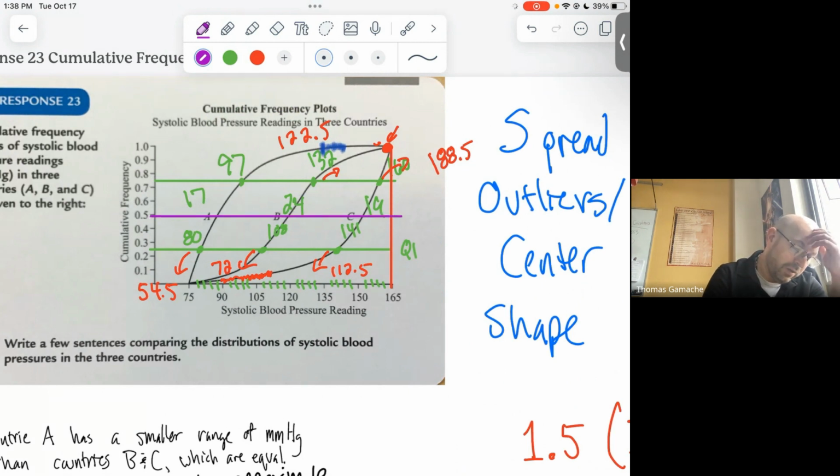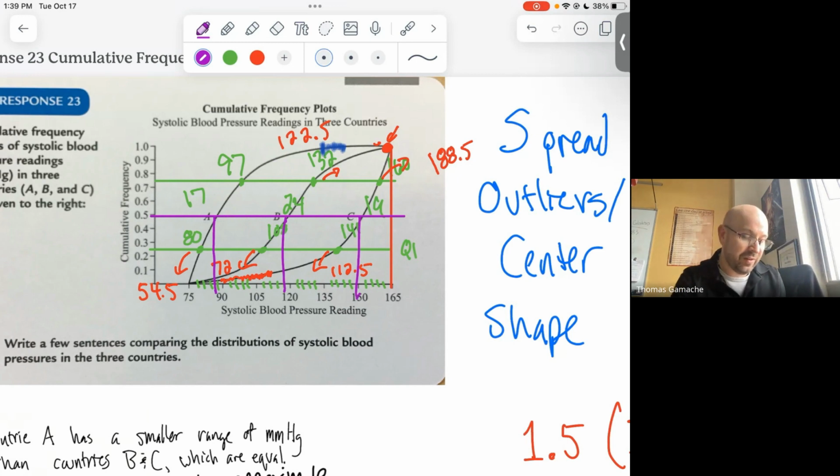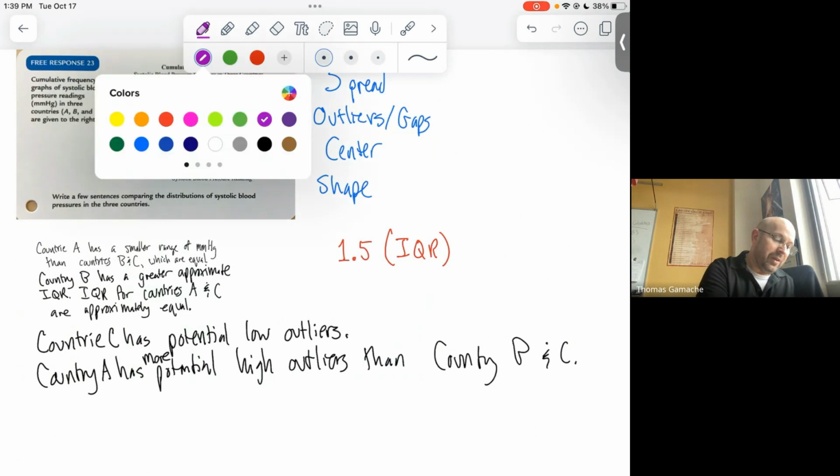So if I look here, my median for A, I can approximate that. It's kind of just below 90. For B, oh boy, this is pretty clear here, we can easily see that country C has the highest median.